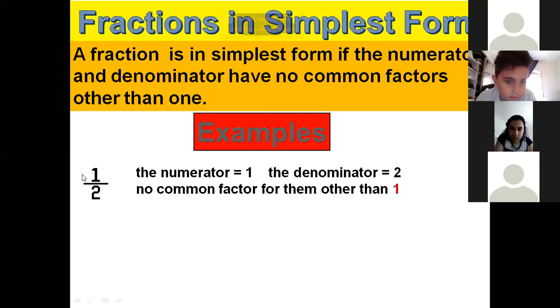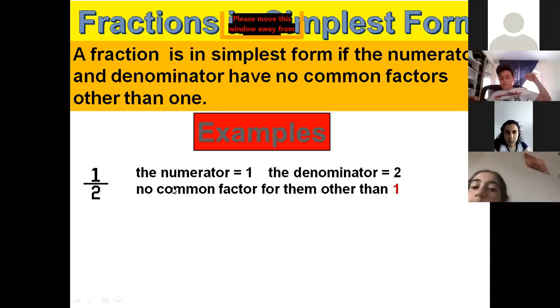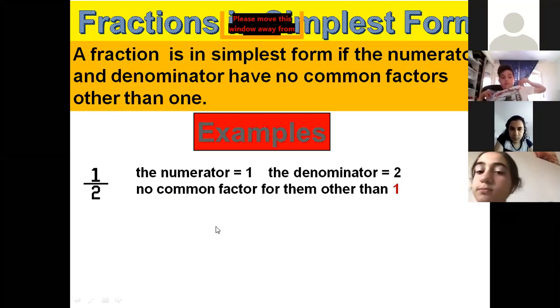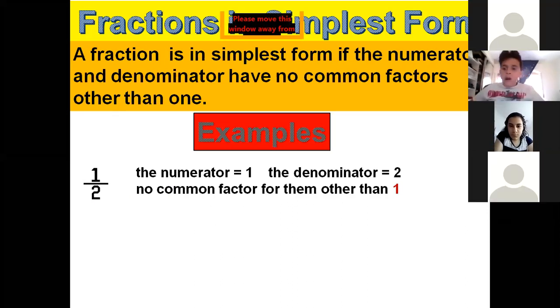There is nothing we multiply to get 1 other than 1 times 1 is 1. For 2, there is only 2 times 1. So 1 and 2 have nothing in common other than 1, so this is a fraction in simplest form.